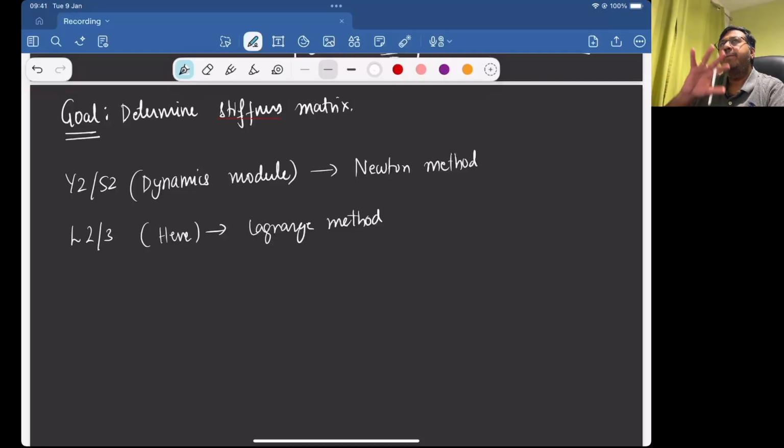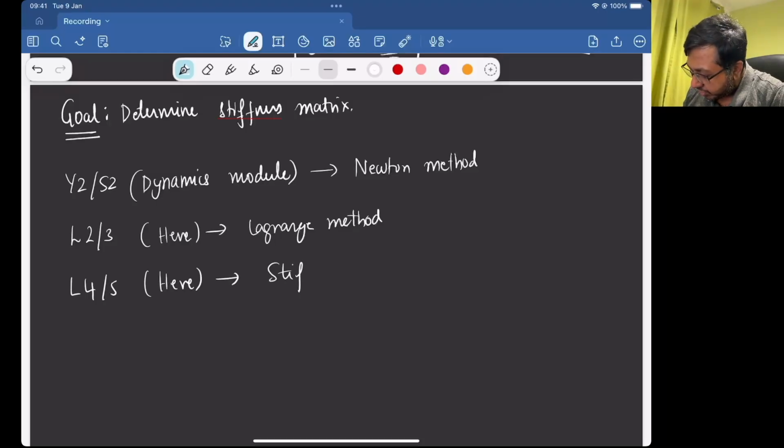We can do the same thing with a beam as well, like putting a torsional spring at the end of it and so on. But for now, in lectures 4 to 5, we'll introduce the concept of stiffness coefficient.